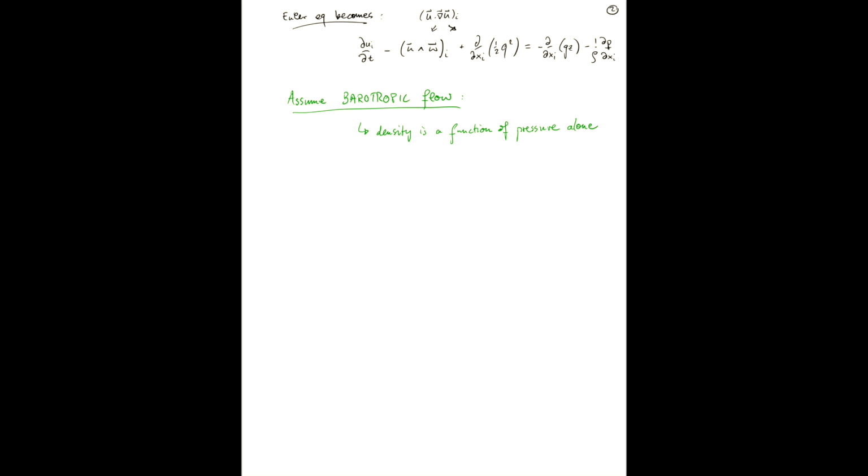So we can write rho equals rho of P. In other words, there's, for example, no dependence on temperature in our density. So the ocean, for example, is typically regarded as barotropic, approximately, because the density of ocean water really only varies a little bit with salinity or temperature. It mostly just varies with pressure.